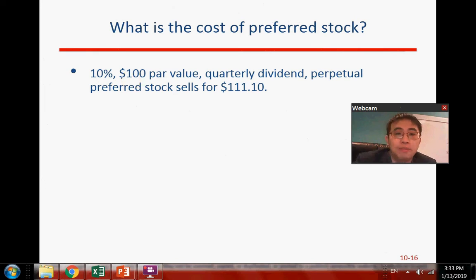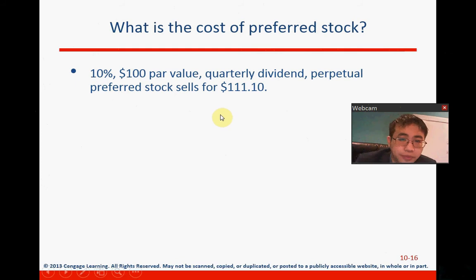It looks like it, but it's actually not, because to get the return of a preferred stock you really have to rely on the market price, right here $111.10. That's the market price, and based on this one, we get the return. This 10% is 10% of the face value or par value that is paid each year to shareholders as a fixed dividend payment.